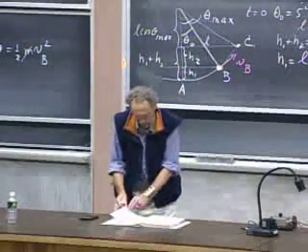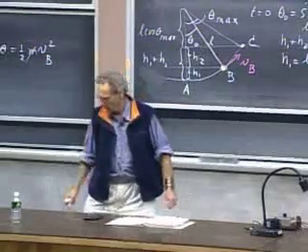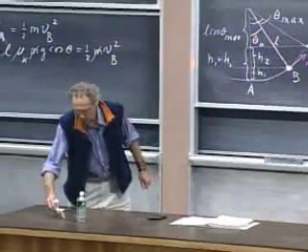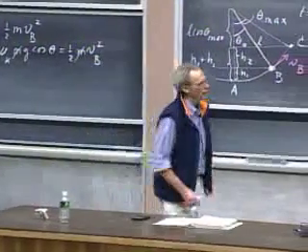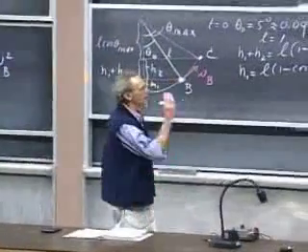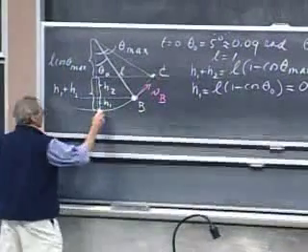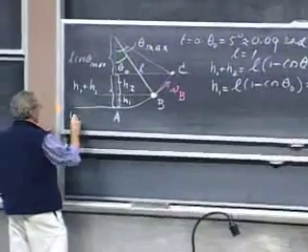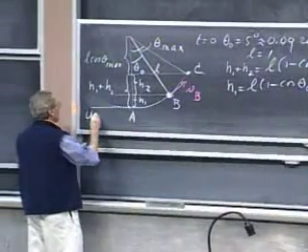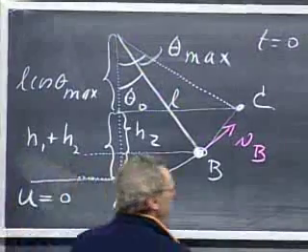So now what is h2? Well, we could now use the conservation of mechanical energy. And we could say, let us call arbitrarily the gravitational potential energy at point A 0.